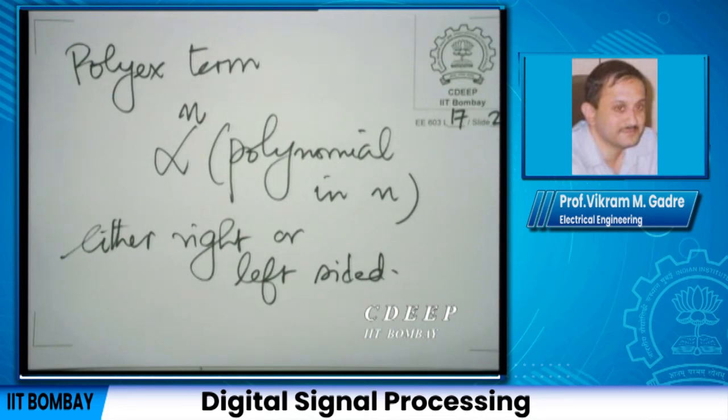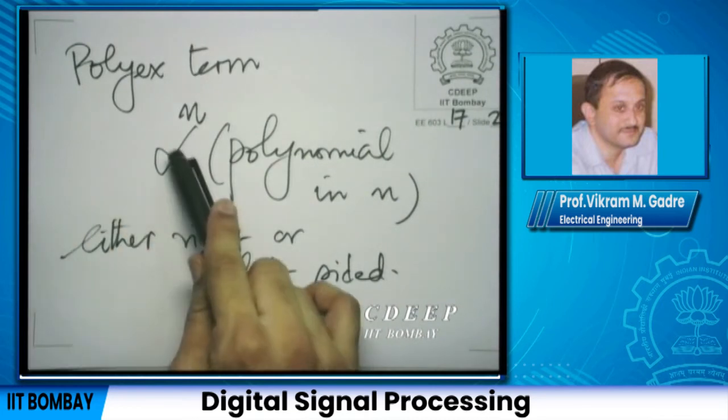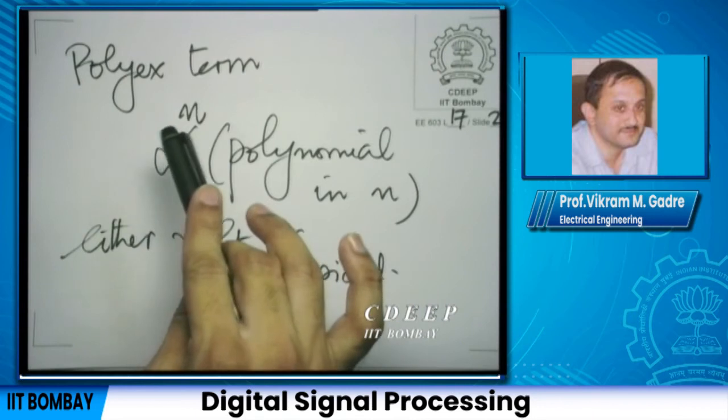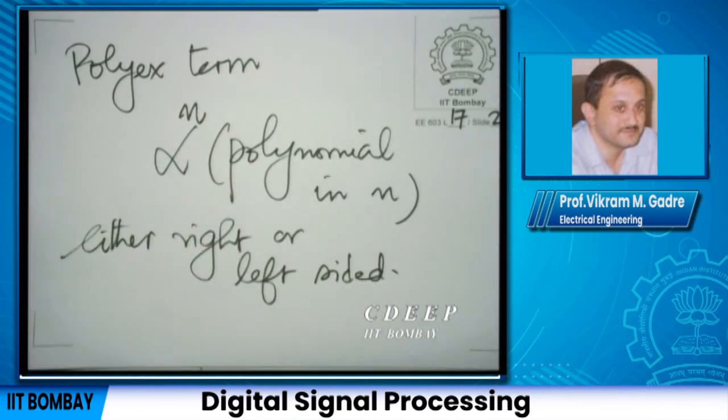Now, you see a poly-x term diverges. Diverges means its sum tends to infinity. That happens if and only if the exponential grows or the exponential does not decay. That is a better way of saying it. So, if the exponential remains steady, there is a problem. That is, mod alpha equal to 1 also is a problem.